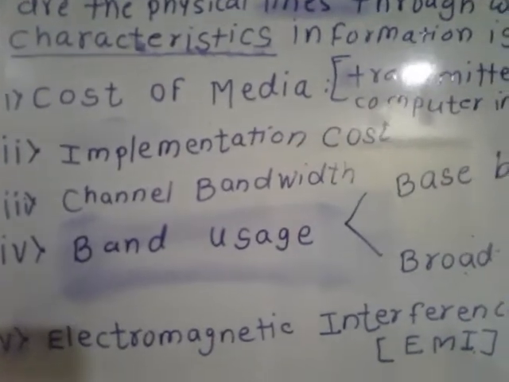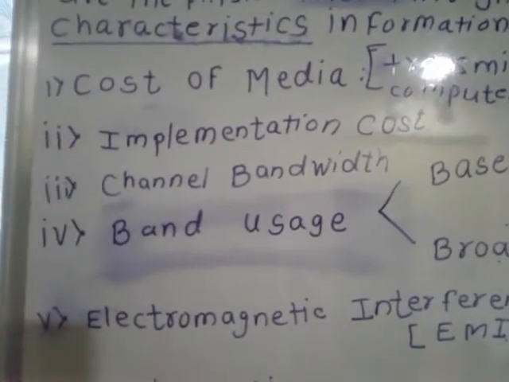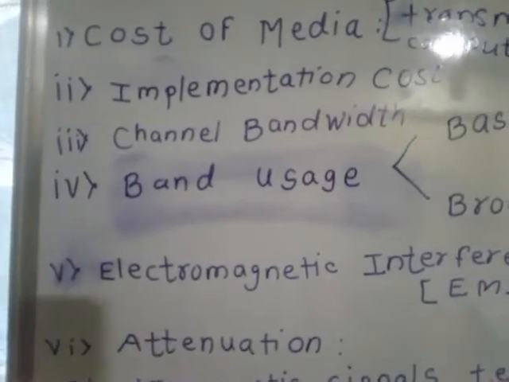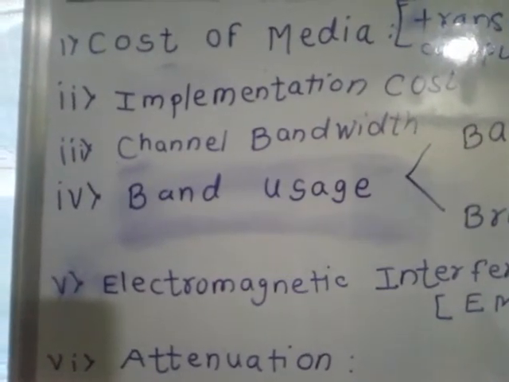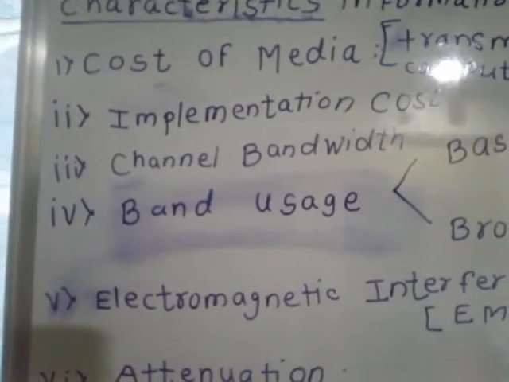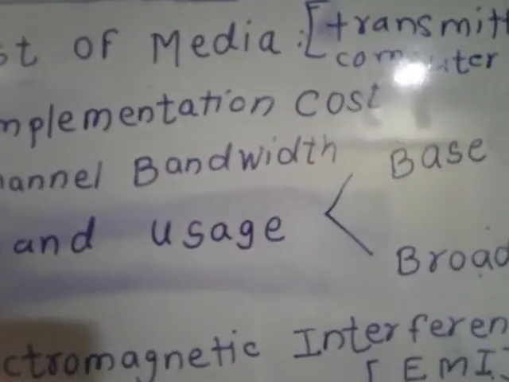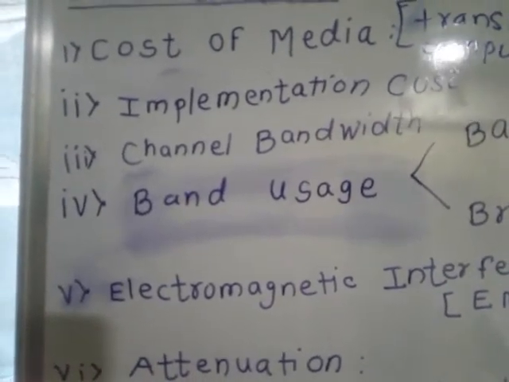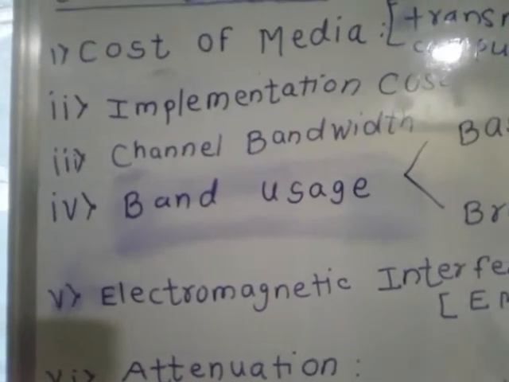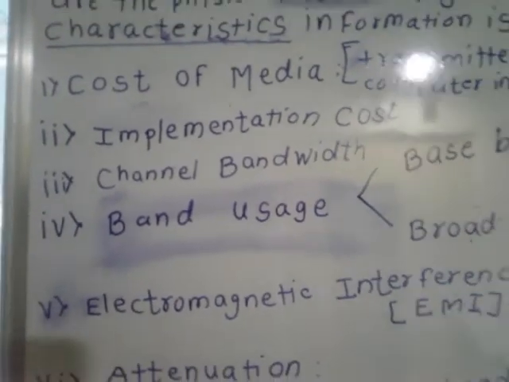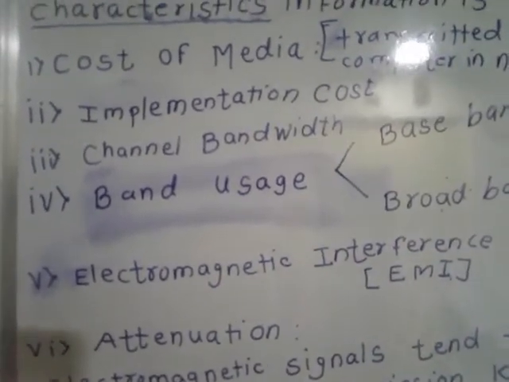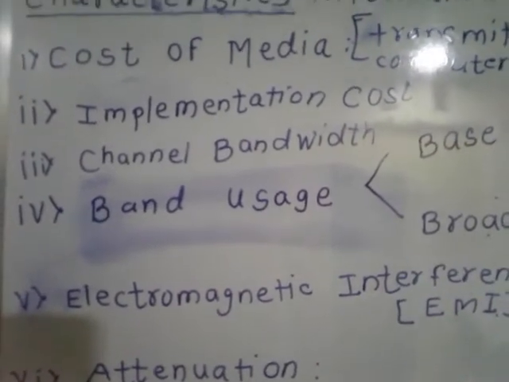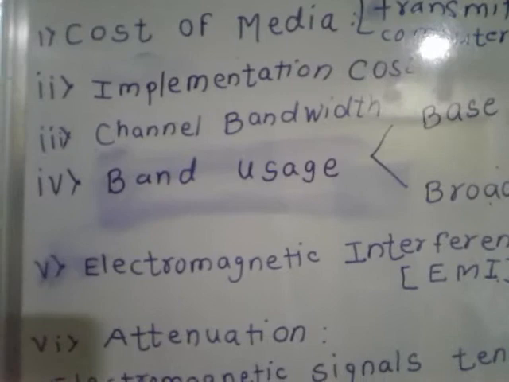In channel bandwidth we have 2 points. One, bandwidth is the measure of the capacity of a medium to transmit data. Second, the bandwidth of a cable depends on cable length.